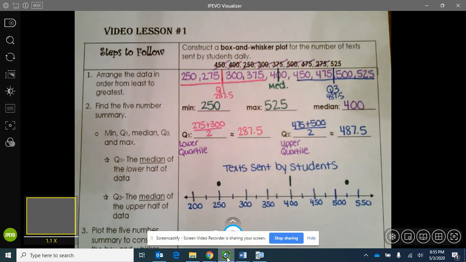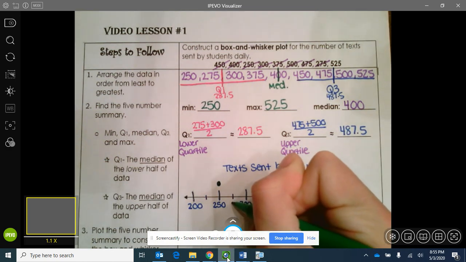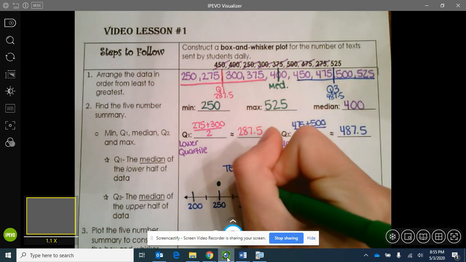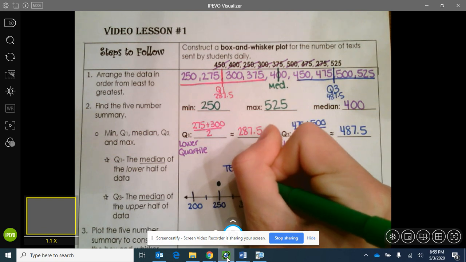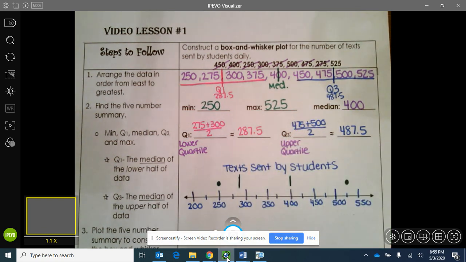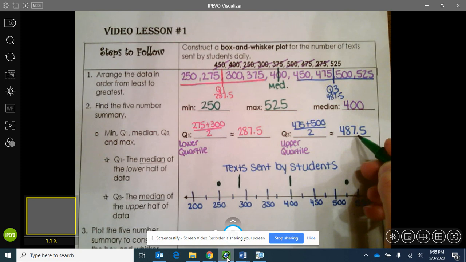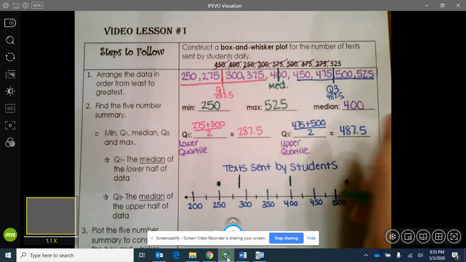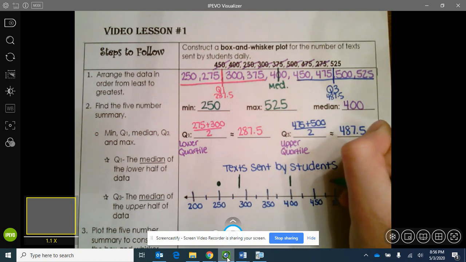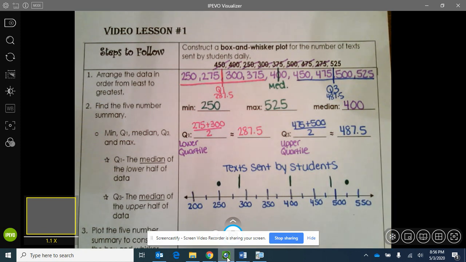My Q1 was 287.5, so I'm going to do my best here to estimate where that is. 275 would be right here, so 287.5 would be somewhere in the middle. And then I'm going to place a line at 487.5. Same thing, this is 475, so it would be in the middle. Now here's what you need to do to make your box and whisker plot.